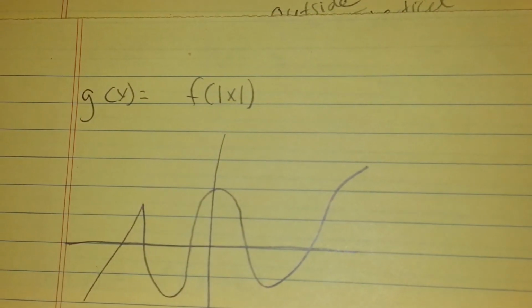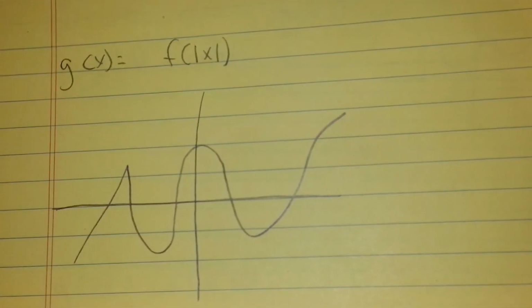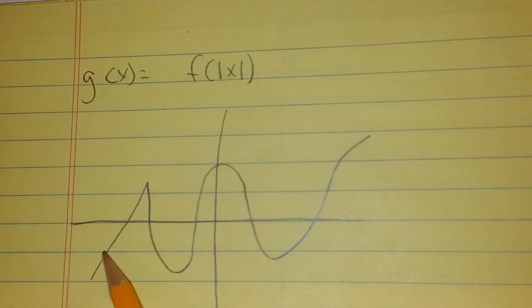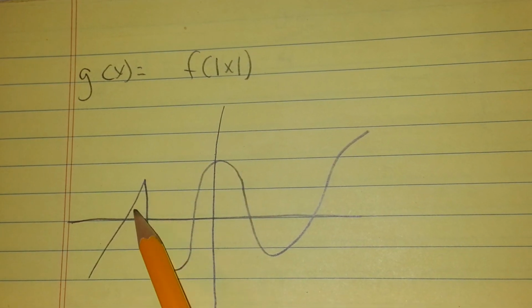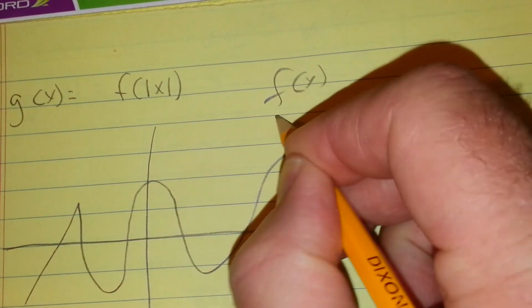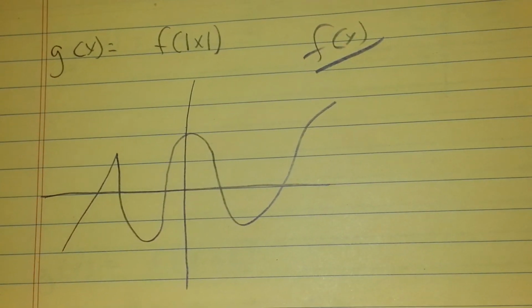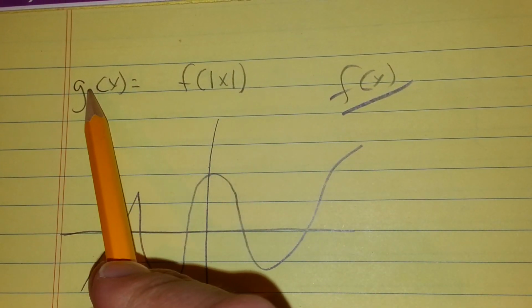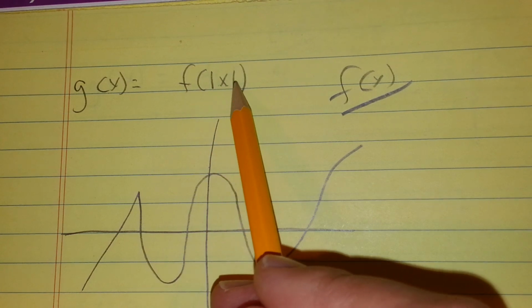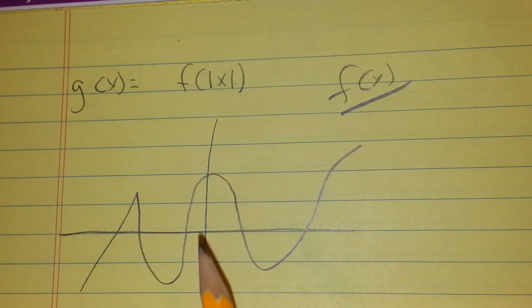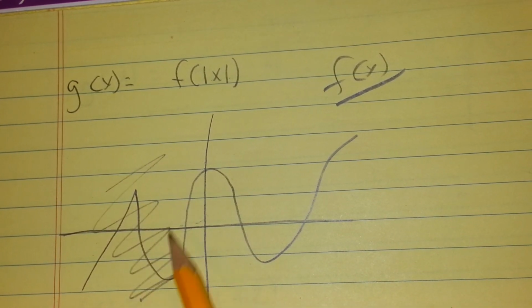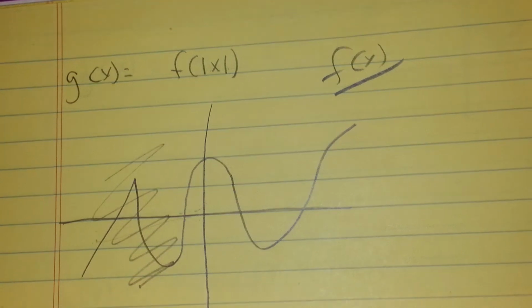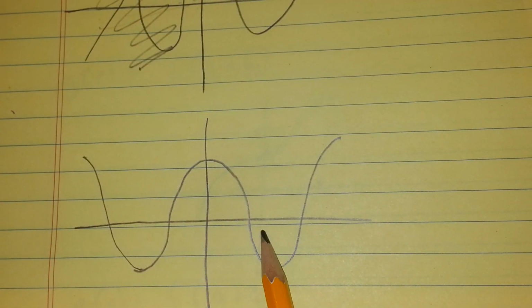That's going to differ from this right here, where now this graph of f of x, notice if this is f of x, a normal f of x graph, okay? Here's my graph. Well, now I'm going to change g of x equals f of the absolute value of x. So notice what happens. I no longer have any negative inputs. I will no longer have this graph because I don't have any negative inputs. So here is what this graph is going to look like.